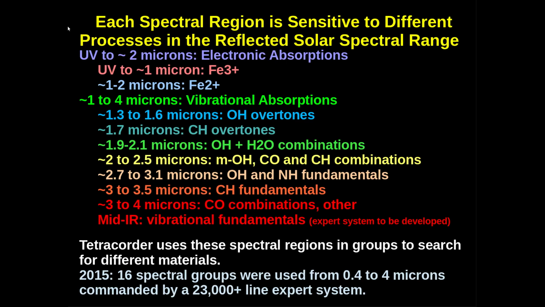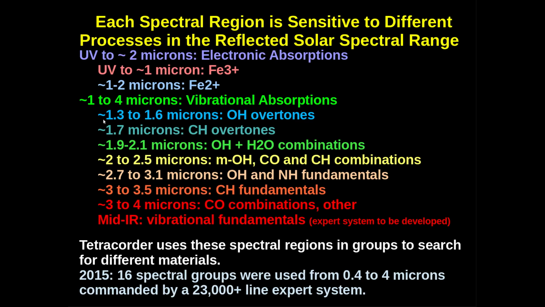Each spectral region is sensitive to different processes in the reflected solar range, or also the emitted thermal emission range in the mid and far IR. This just lists some of those different regions, and in Tetracorder we split these regions up, and I'll get into those splittings in future tutorials.